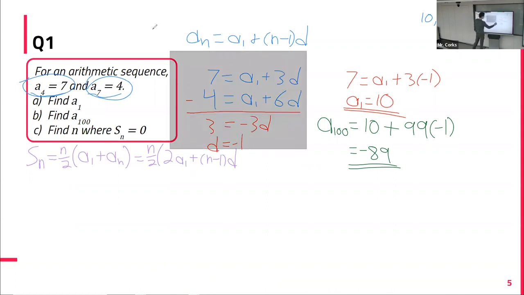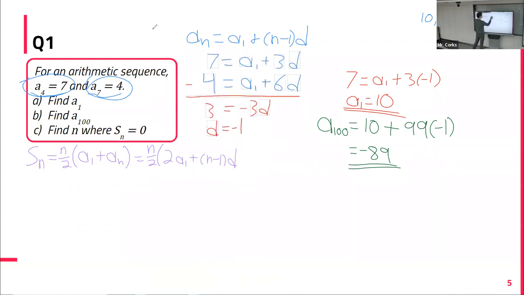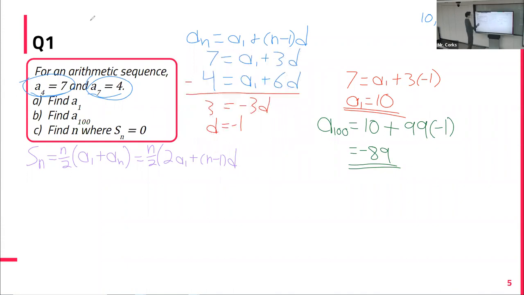All right, which of these formulas is more useful for us? Second one, why the second one? All right, we don't know an. If we tried to use the first one, then we have an unknown here. So let's just write out what that would be.